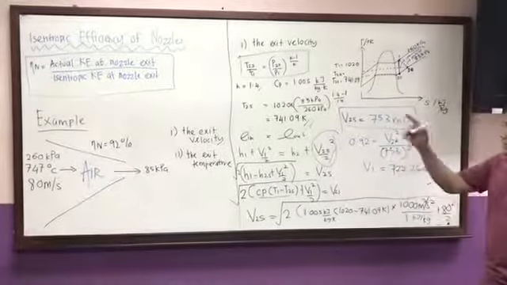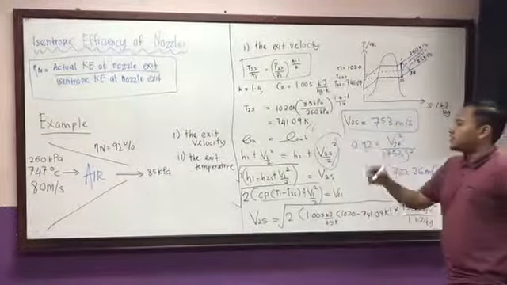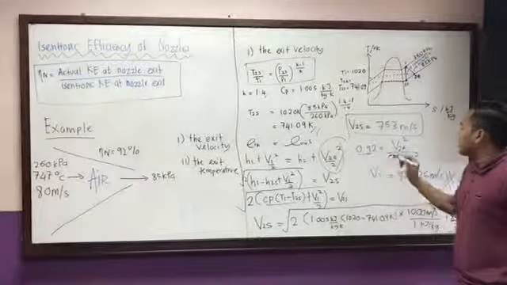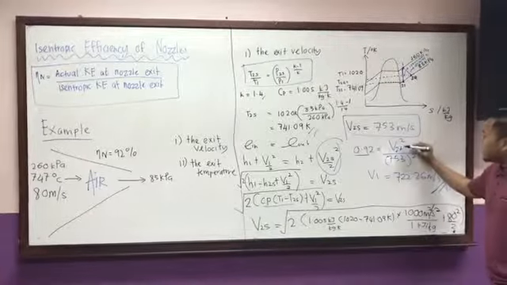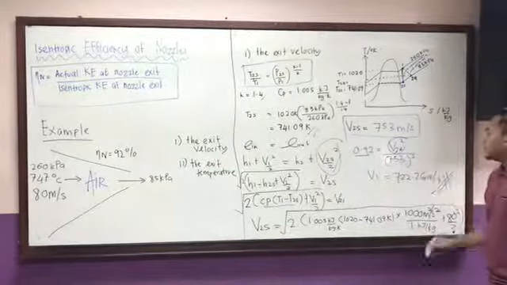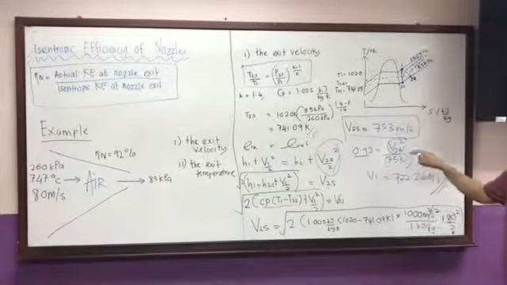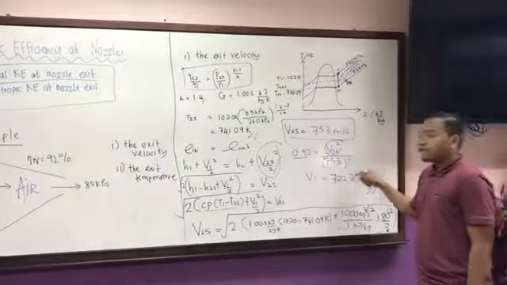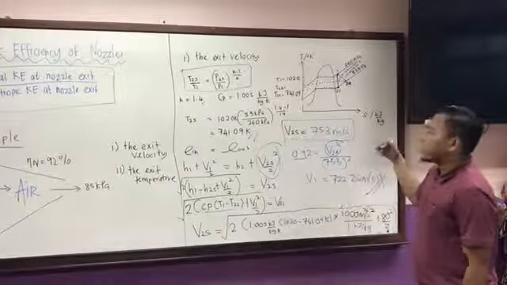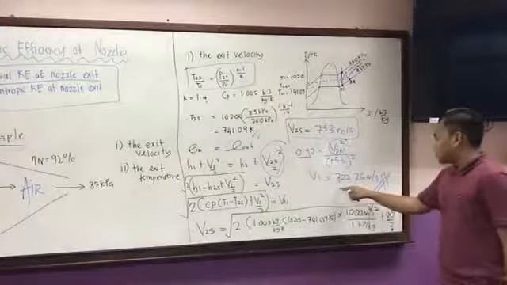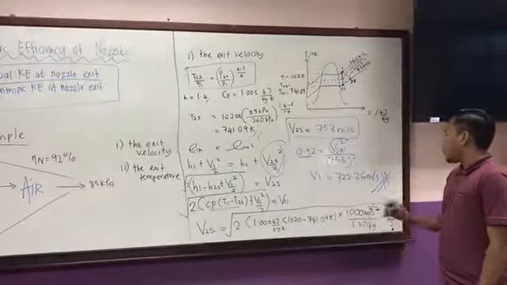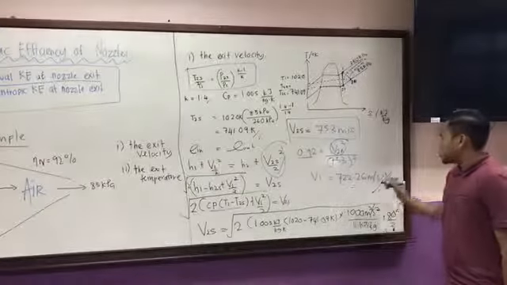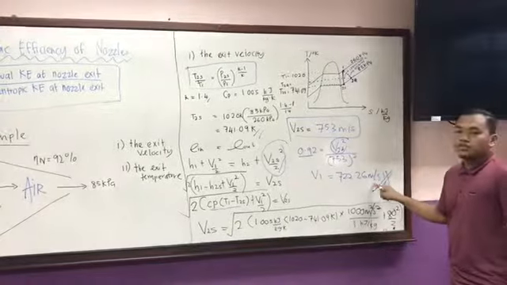We know the efficiency of the nozzle is 0.92, the term we want to find is the actual velocity, and this is the isentropic velocity. From this equation we find the velocity at the actual process, which is 722.26 meters per second. This is the exit velocity of the nozzle.